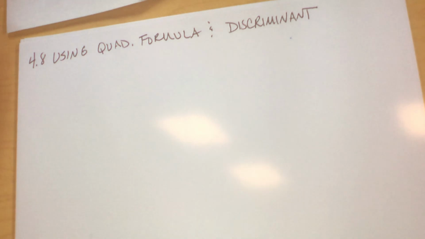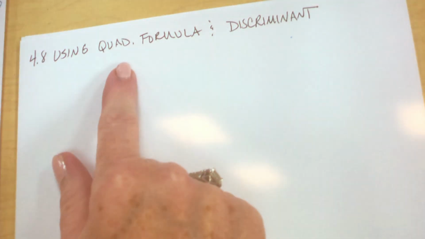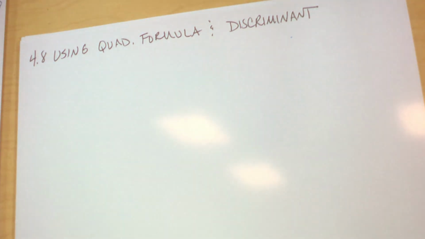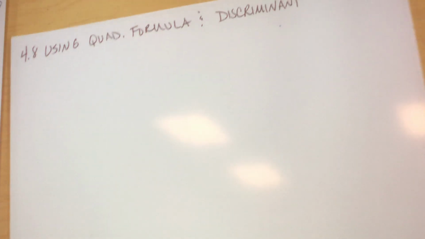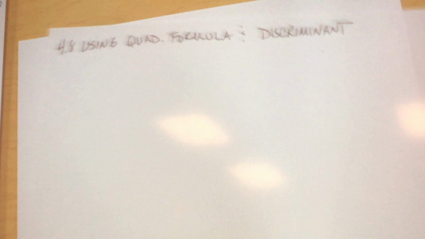All right. So before we get started, this is what we're fixing to do. But before we get started with that, I wanted to work one problem that we didn't get done on 4.7. There's only one problem.